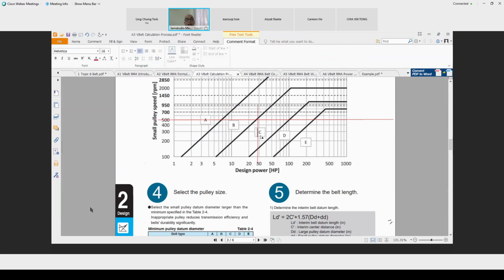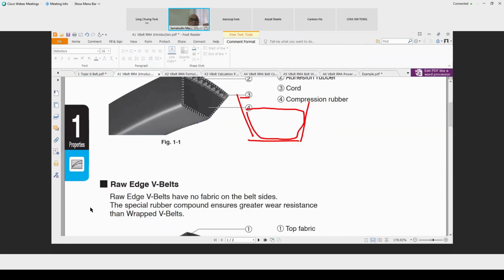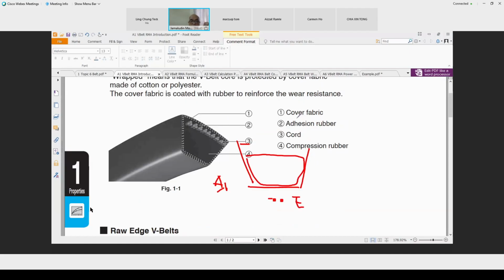What do you mean? In the V belt, there are so many types: A type, B type, C type, D type, and E type. For each of these belts, we have the chart of A, B, C until E. They're going to be wrapped with fabric.